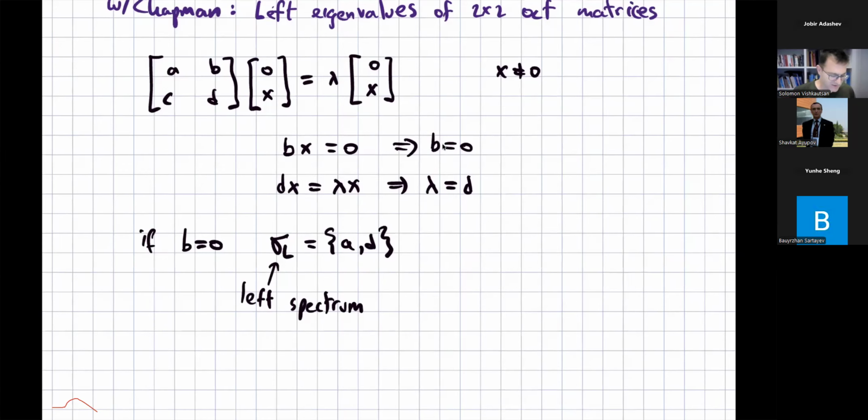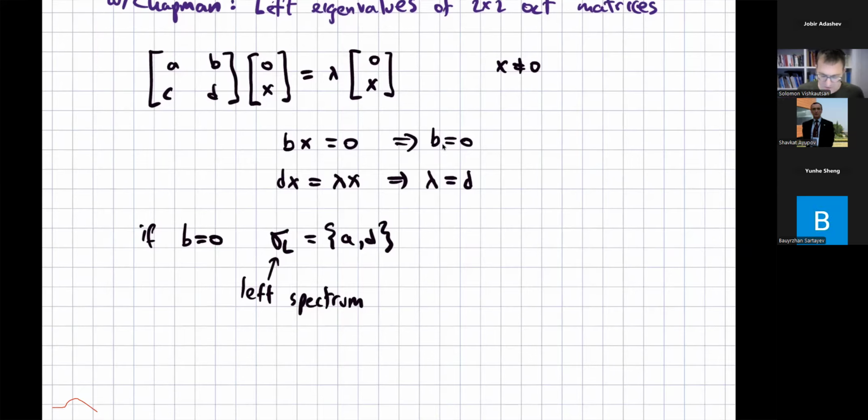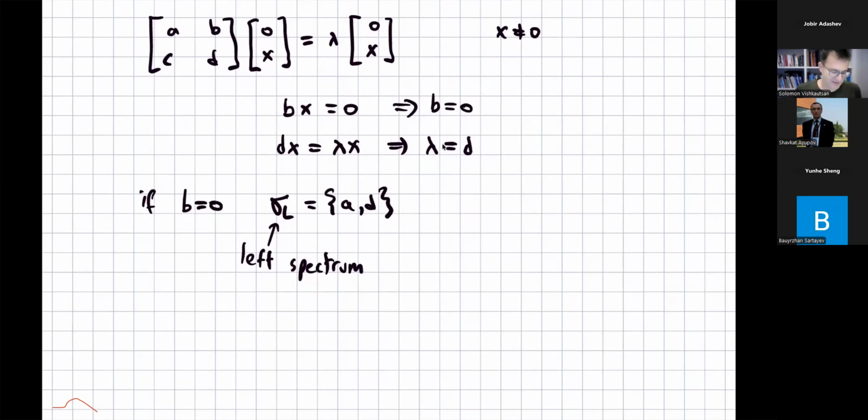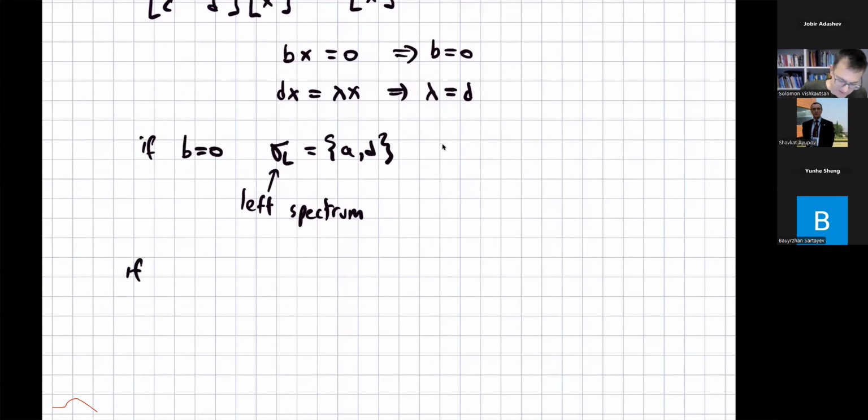So the proof is very simple. So this is the first very trivial case. And now we discuss what happens if b is not 0.